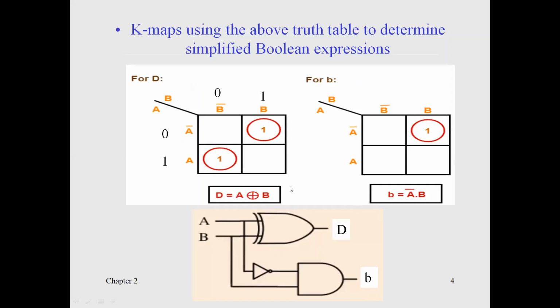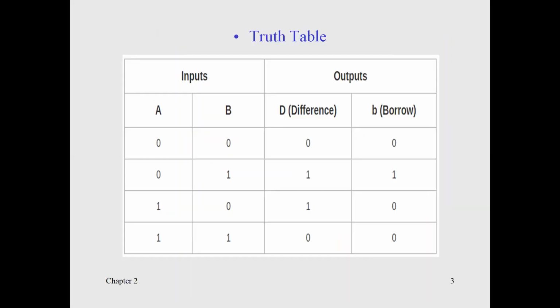Now let us go for the K-map simplification. As you can see here, this difference is valid for 0, 1 and 1, 0. That is 1 and 2.